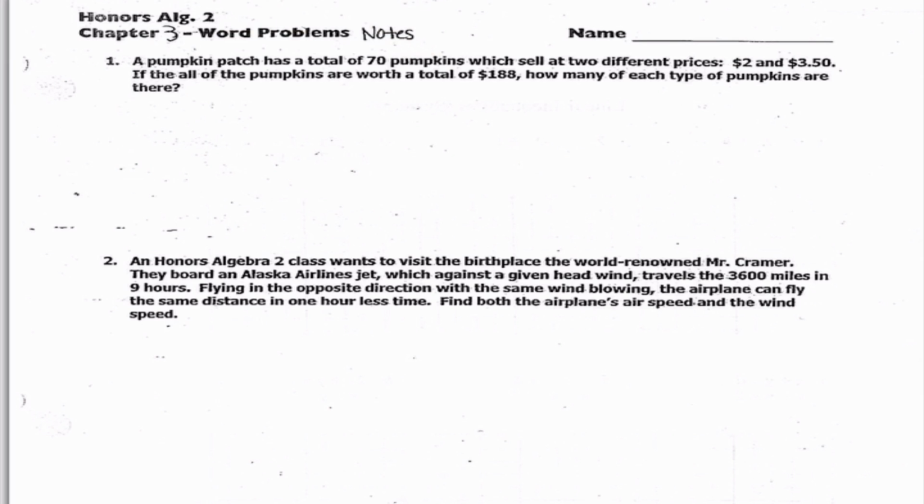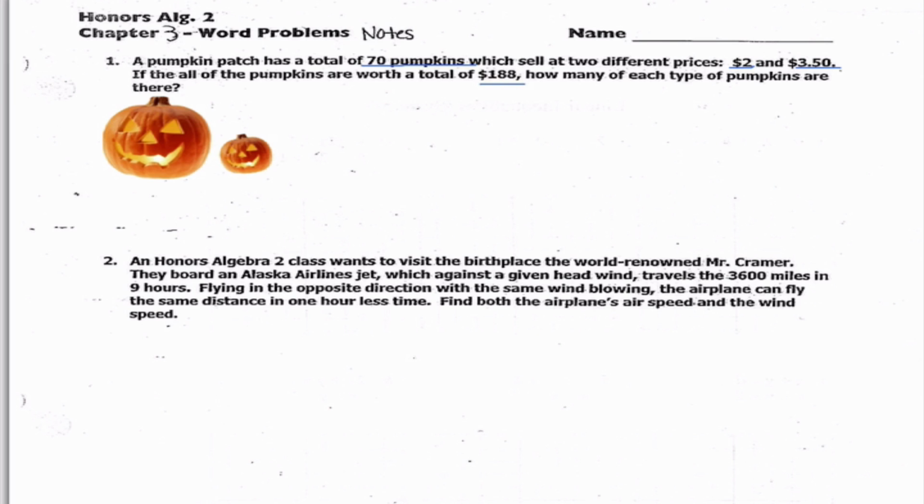So problem number 1: a pumpkin patch has a total of 70 pumpkins. I'm underlining that because I think it's going to be important. They sell at two different prices, $2 and $3.50. If all of the pumpkins are worth a total of $188, how many of each type of pumpkin are there?